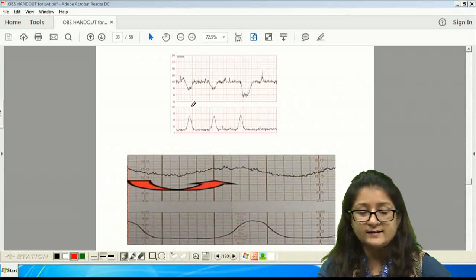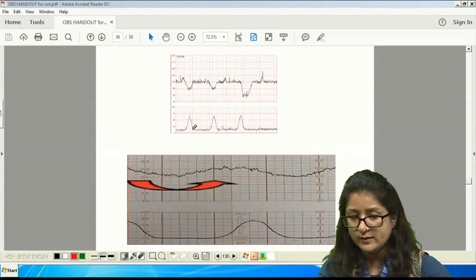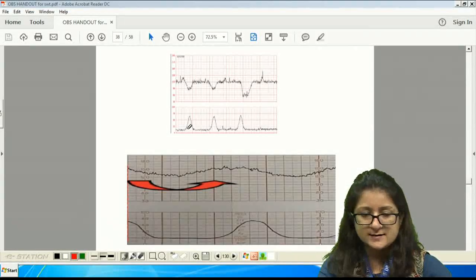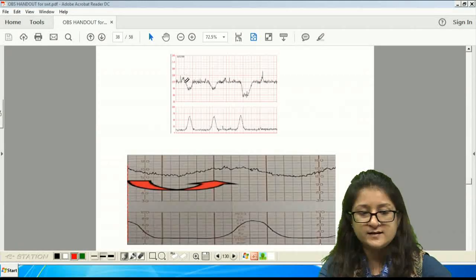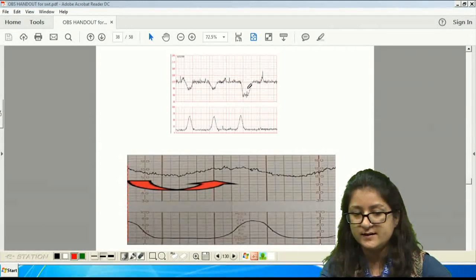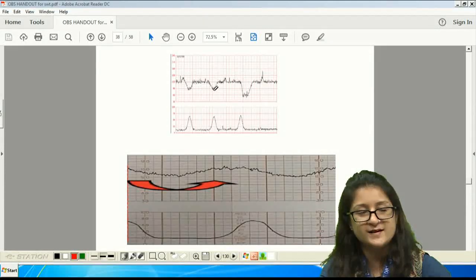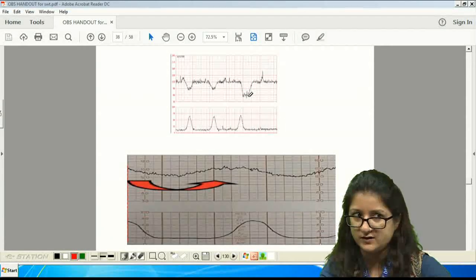When done at the time of labor, the lower part of the CTG trace shows the contractions, and these are the decelerations. There is a difference between the first 2 decelerations and the third deceleration here.